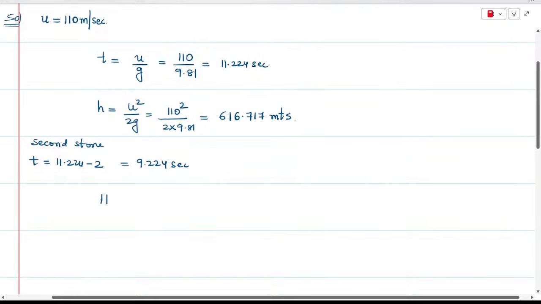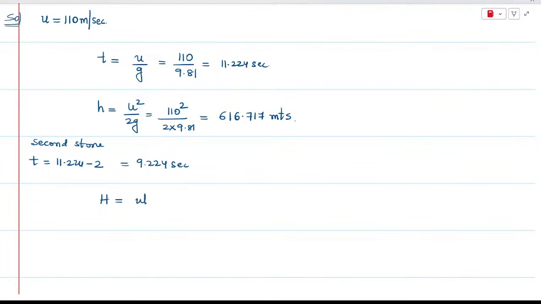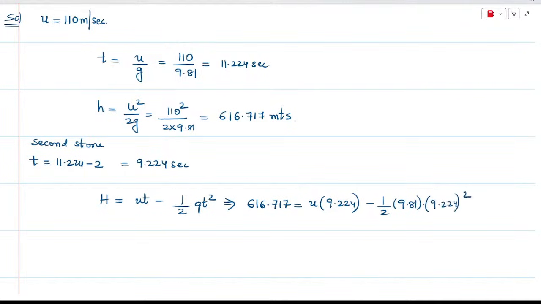In this case we need to calculate the initial velocity. So h is equal to ut plus half gt square, but here it would be against gravity, that's why it becomes minus half gt square. h is the same distance, that is 616.717, equal to initial velocity u times the time taken 9.224, minus half into 9.81 into 9.224 whole square.